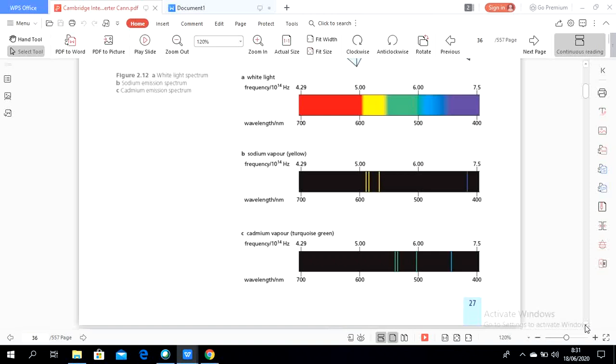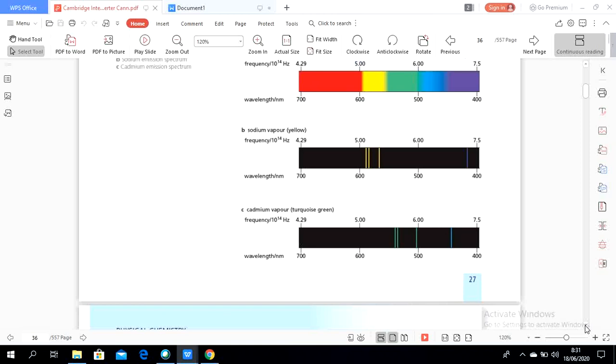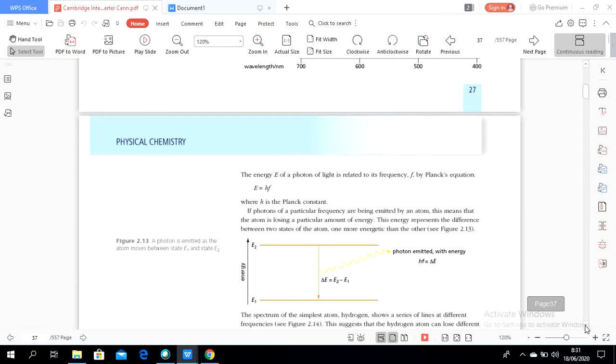In the calculation there will be a list of the frequency and also the wavelength for specific colors. So we do not need to remember which color has which frequency or wavelength, because there is a data booklet. We just need to know the relation.